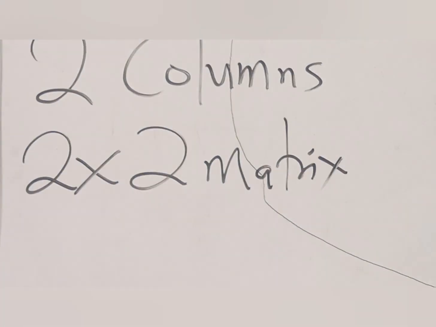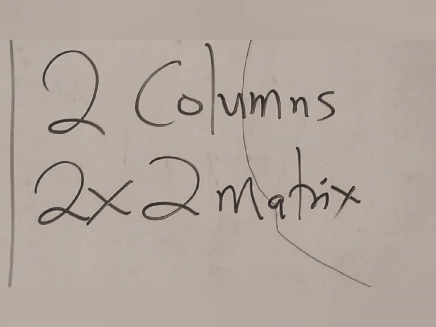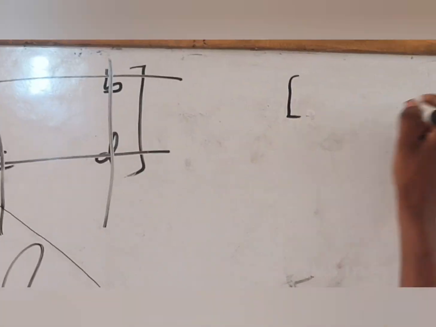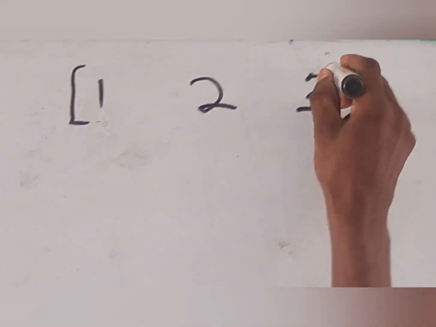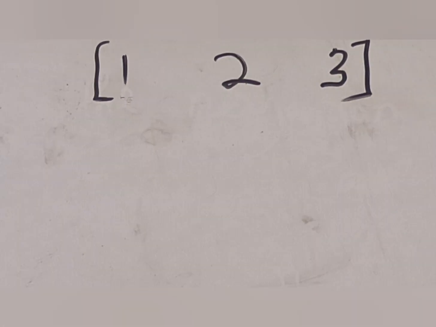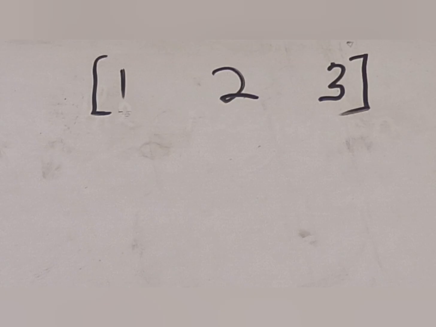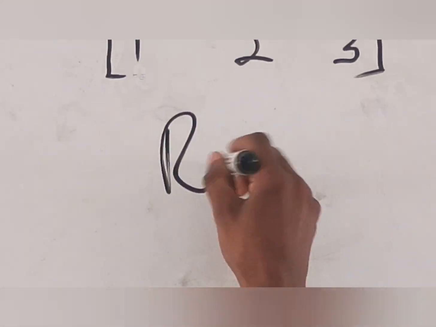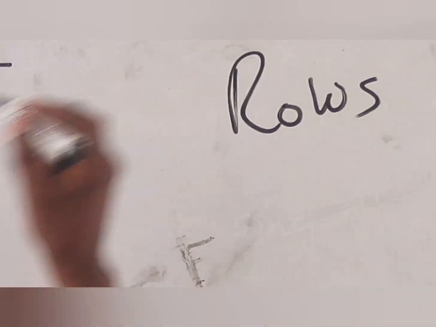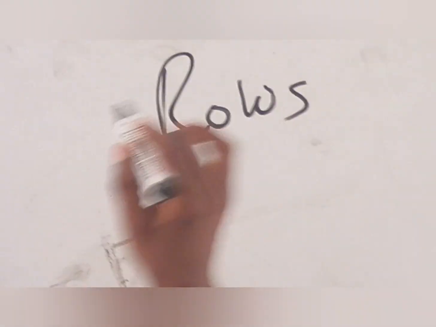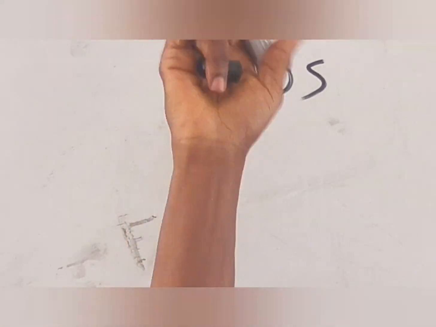Can you all see? Yes. Now, you can also have 1, 2, 3. So this is a matrix also. Who can tell us how many rows this matrix has? 1 by. Rule it out, 1 by. From left to right, that's a row. How many times will you go from left to right? Only once.